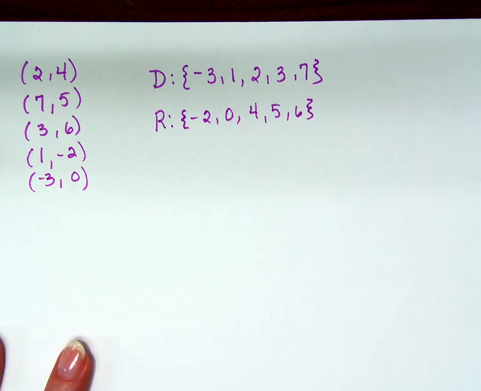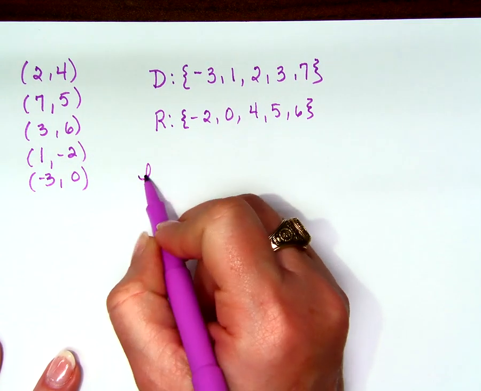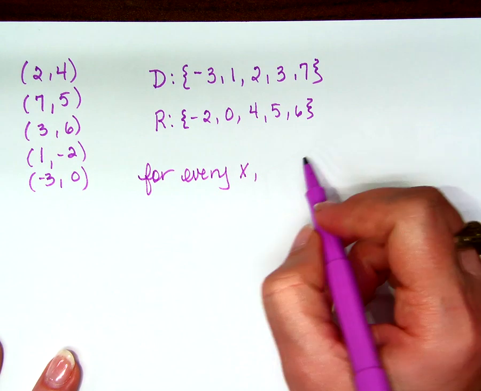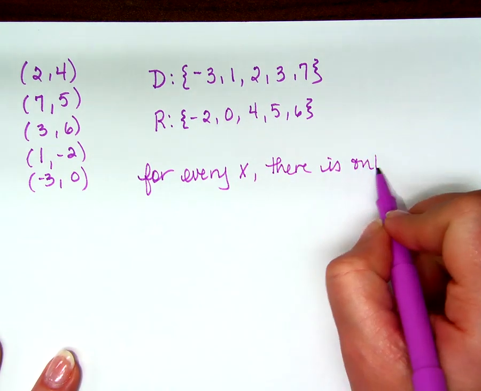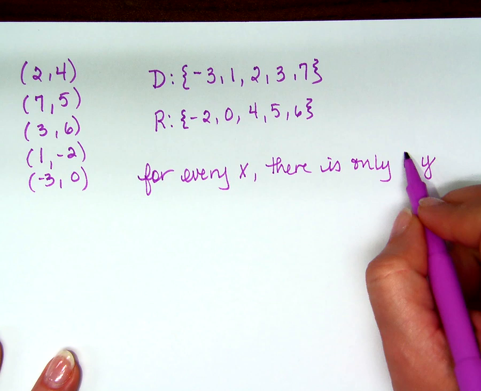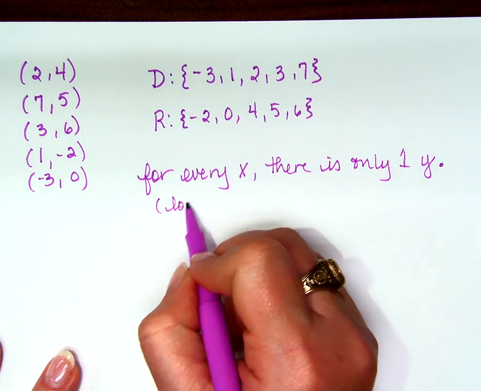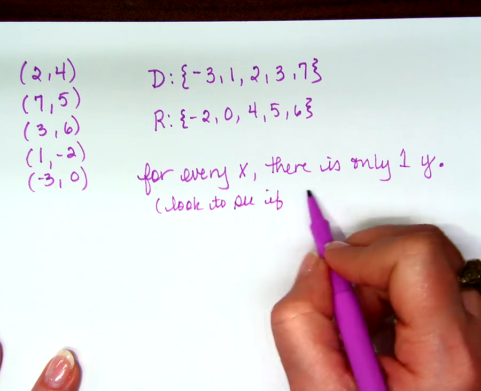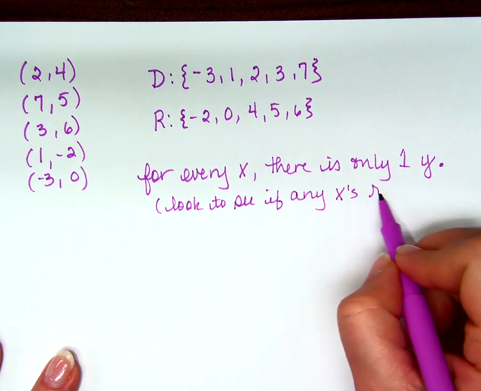Okay? Now we did say it was a function, and I want to make sure you have that definition written down for you. For every x, there is only one y. So just as a reminder, we look to see if any x's repeat.